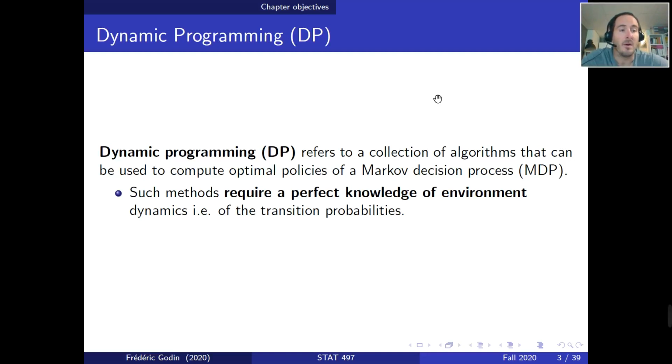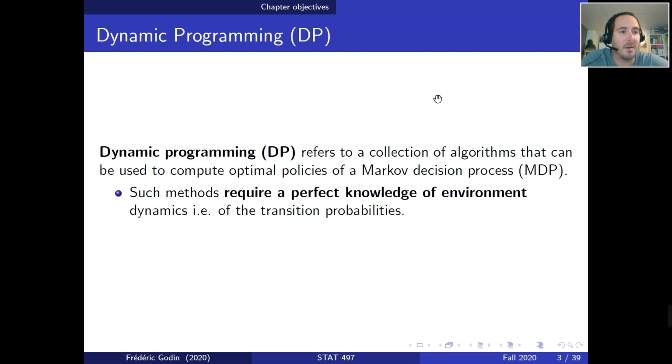In the previous chapter we also introduced the value function. First the state value function, and then the action value function. In a nutshell, the value function of a given state is the expected discounted reward if you start in that state. So it's what rewards you're expected to receive in the future if you start in that state.